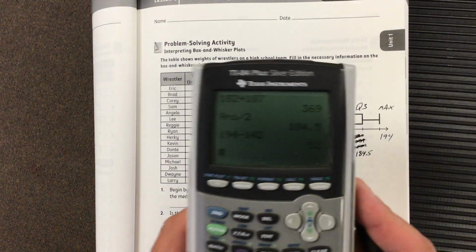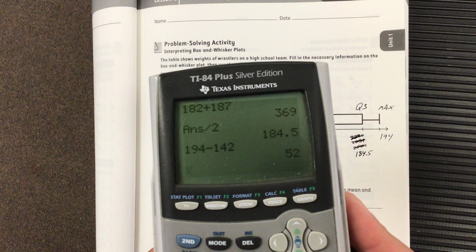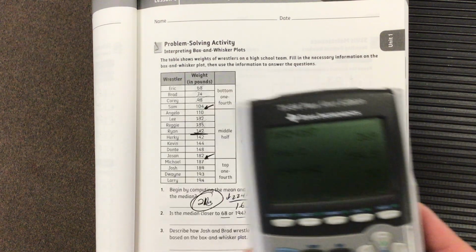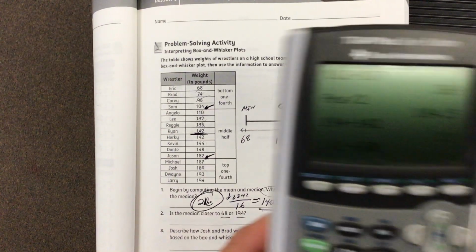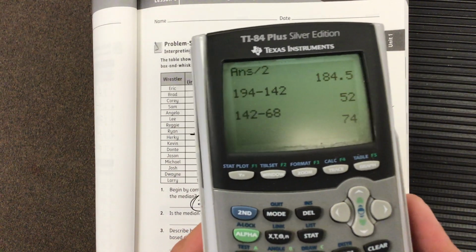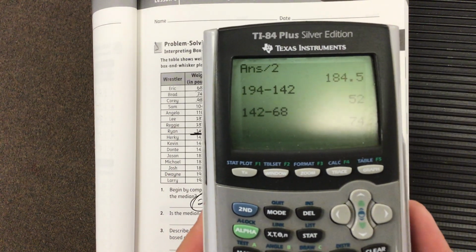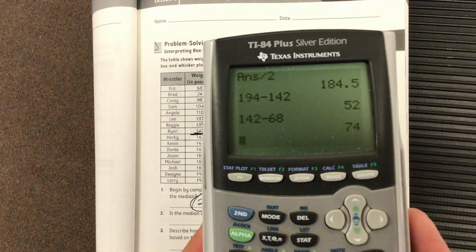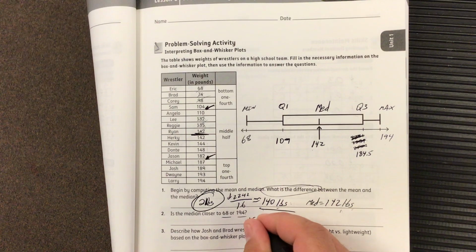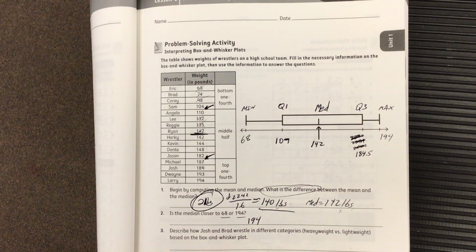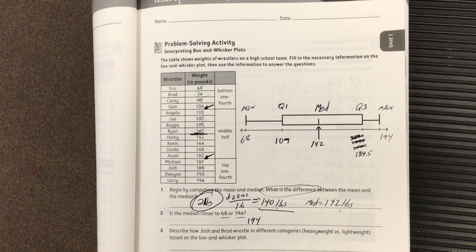It is 52 away from 194. 142 minus 68. It is 74 away from 68. So that means it is closer to 194. Okay? If you guys have a calculator, use them. Don't just guess answers.